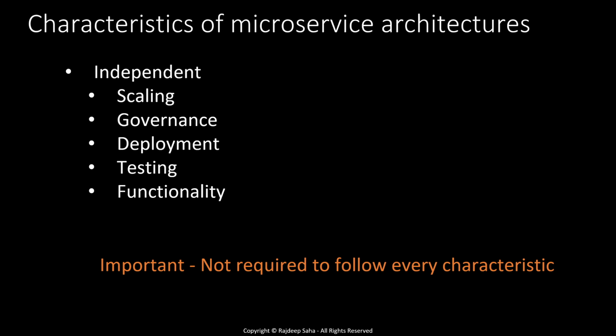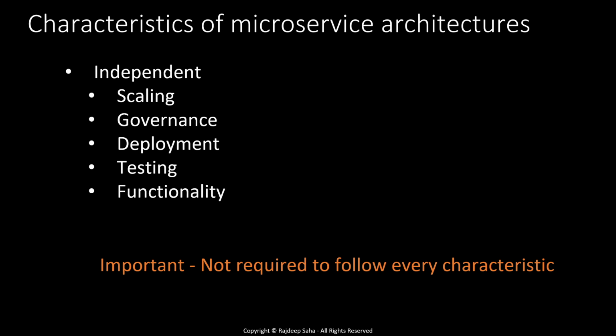So what are the characteristics of microservice architectures? The core property is that each microservice is independent of each other. So each can scale irrespective of each other, as we saw. Since they are separate, you can apply different governance and security features, and you can deploy each of them independently.